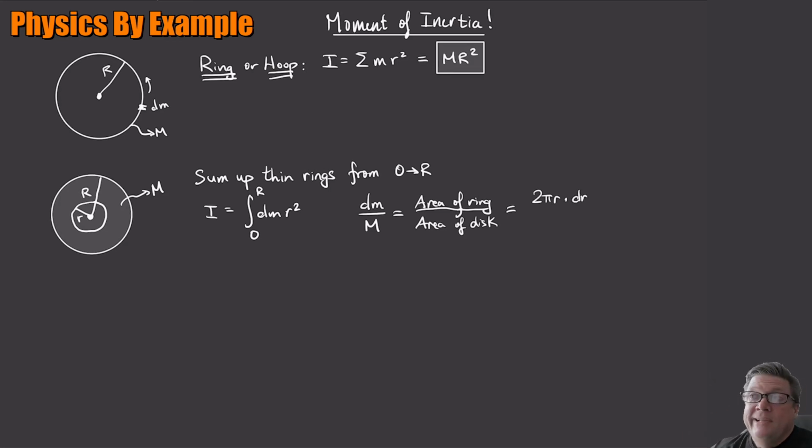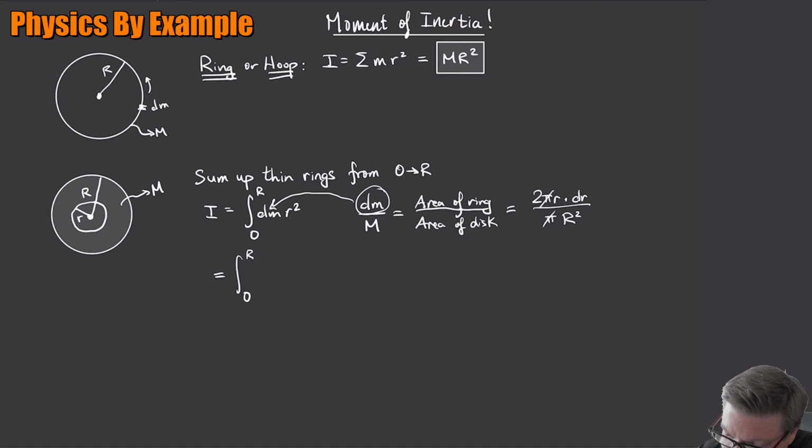And what's the area of the disk? Well, that's easy. That's just pi times big R squared. Neat. So the pi's cancel out, and now I can solve for dm and plug it right back in there. Then we're all set, because now I've rewritten it in terms of r. So this is going to be the integral from 0 to R. What is my dm?